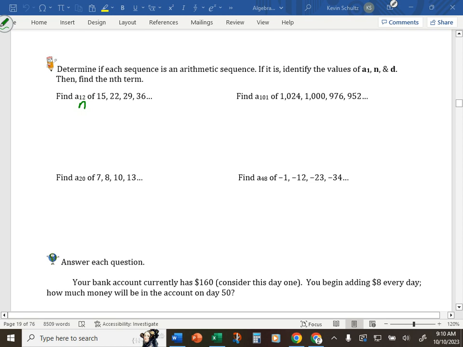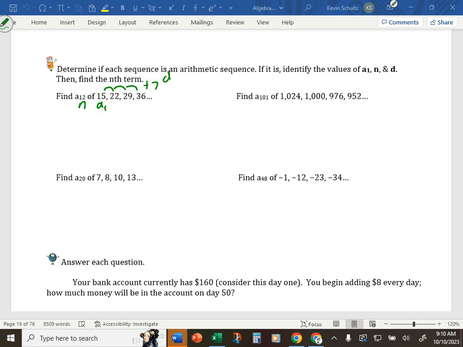Okay, my A1 is the first term of the sequence. And the first term of the sequence is 15. There's my A1. And then going from number to number, what's happening from 15 to 22, 22 to 29, 29 to 36? We're adding 7.